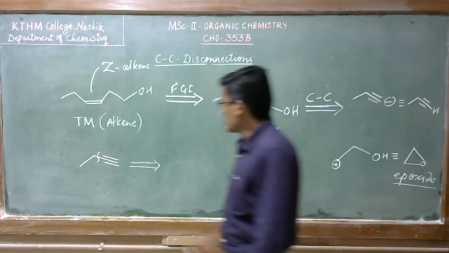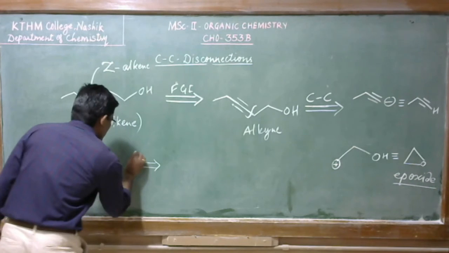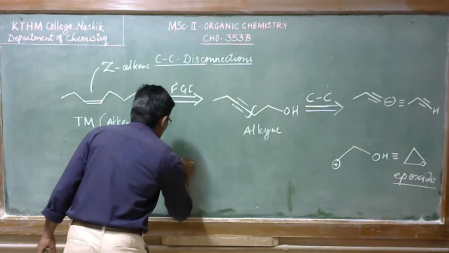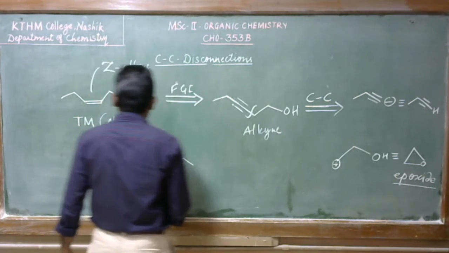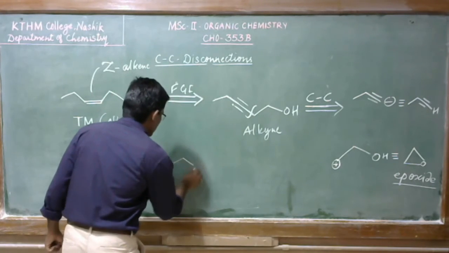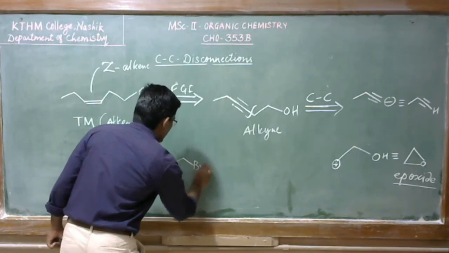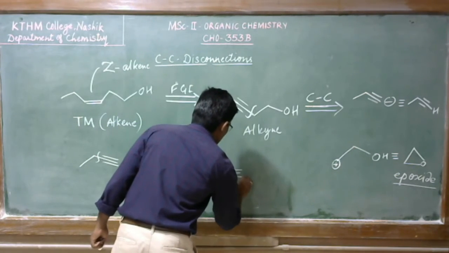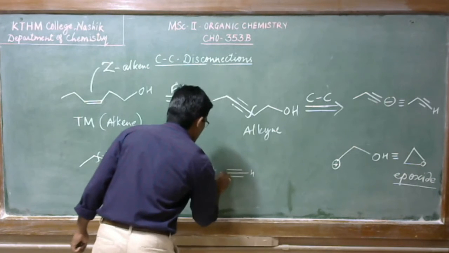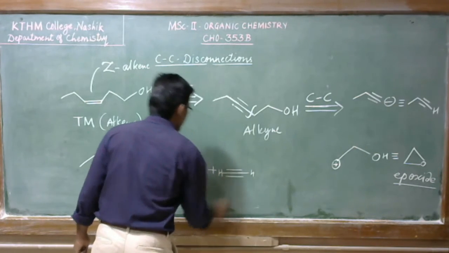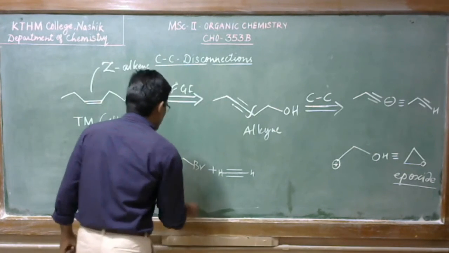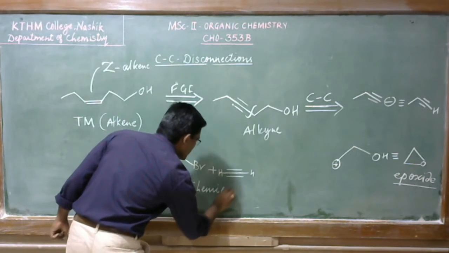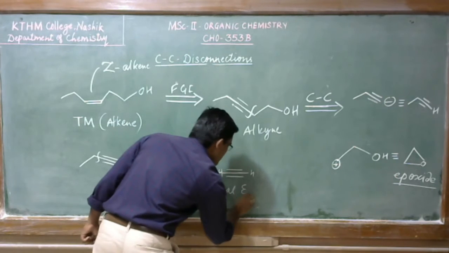So we have one more carbon-carbon disconnection to get this. One will have this bromide and one will have this hydrogen, so it will be acetylene. And these are the chemical equivalents.